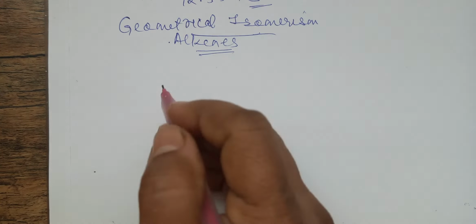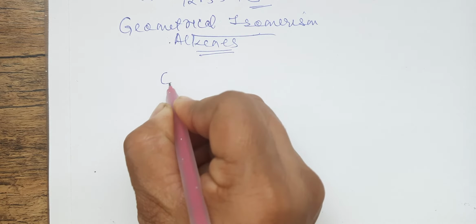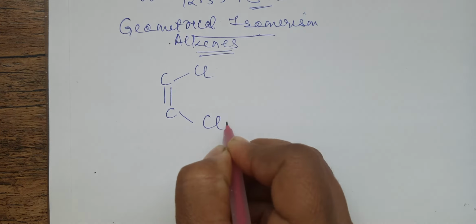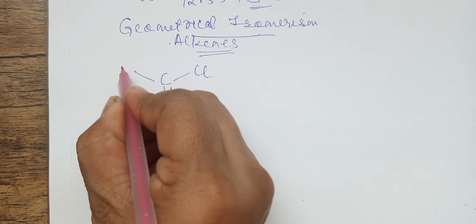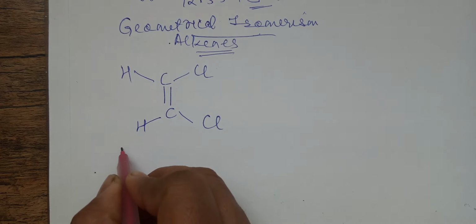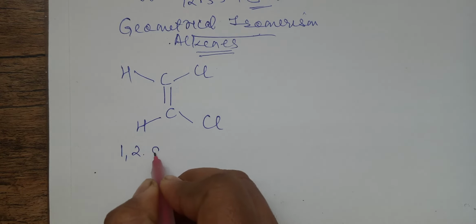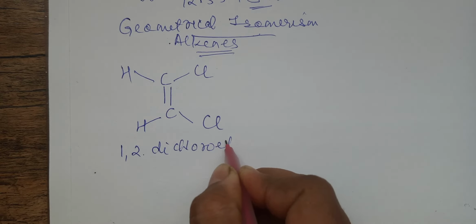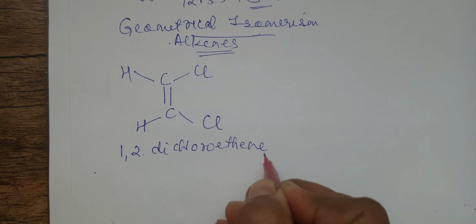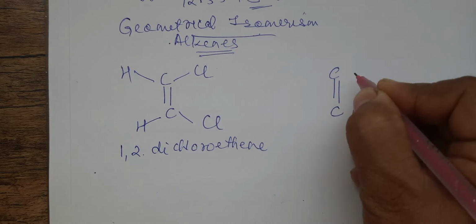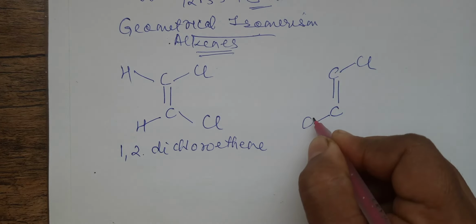Now what it is, let me take an example and explain. Suppose I take this example. I'm showing here, say this is H, this is H. If I write the IUPAC name, it is 1,2-dichloroethene. Now I am writing one more form of it, and then let us see what is the difference between the two.